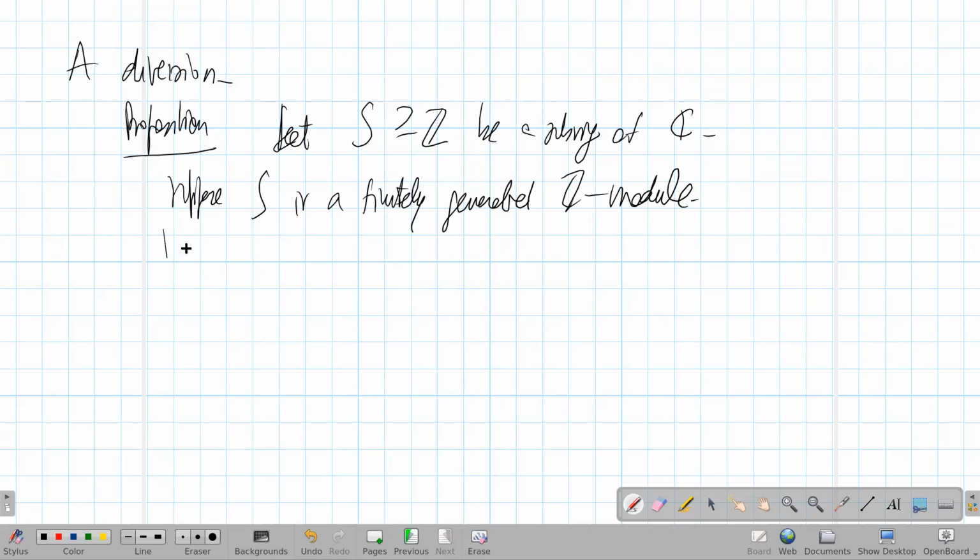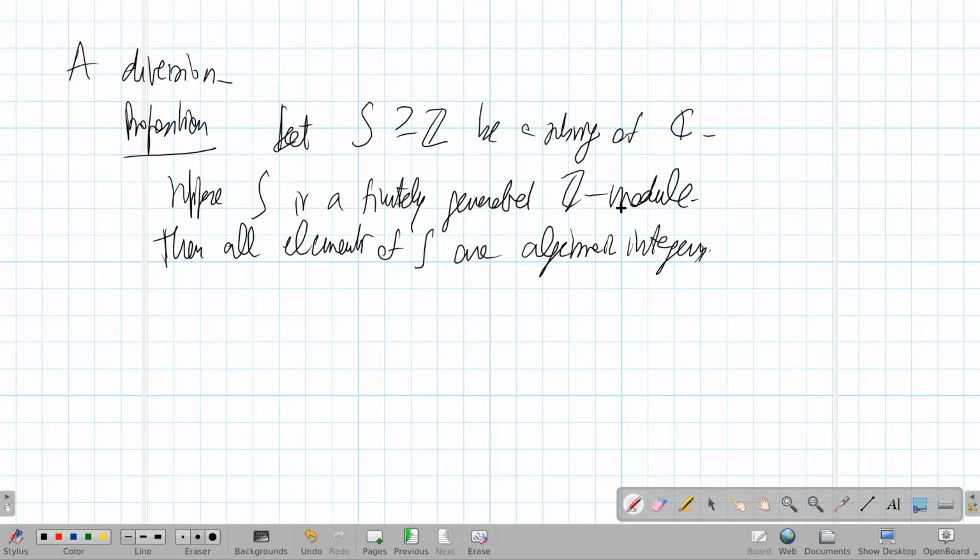Then all elements of S are algebraic integers. This proof requires being in C. You'll see in a second why. But it's a nice proof. As you see, there's always this fact that there is a finitely generated Z-module, which played a role in the proof we just saw. That's why I want to give it, although it's a slight diversion.